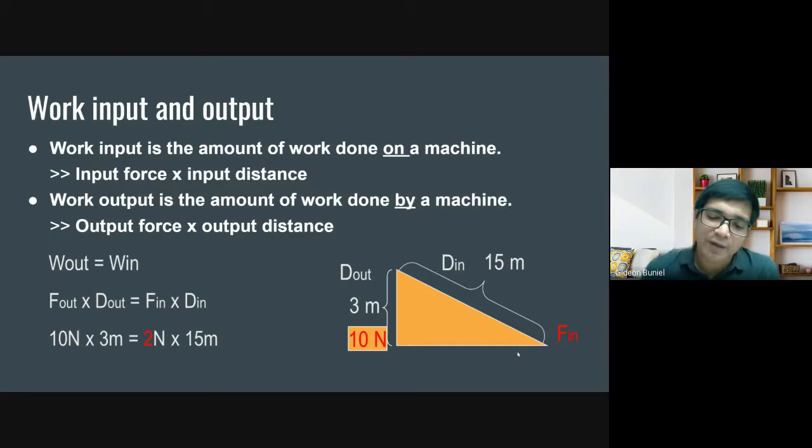If we see this, it confuses us. Work output is equal to work input. Force out times distance out. So that's output force times output distance is equal to input force times input distance.